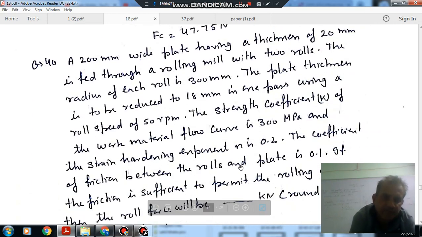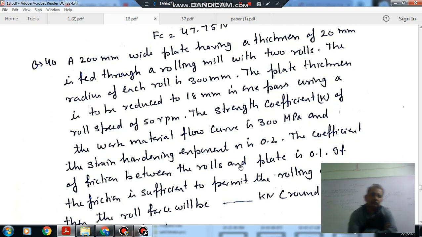a 200 mm wide plate having a thickness of 20 mm is fed through a rolling mill with two rolls. The radius of each roll is 300 mm. The plate thickness is to be reduced to 18 mm in one pass using a roll speed of 50 rpm.